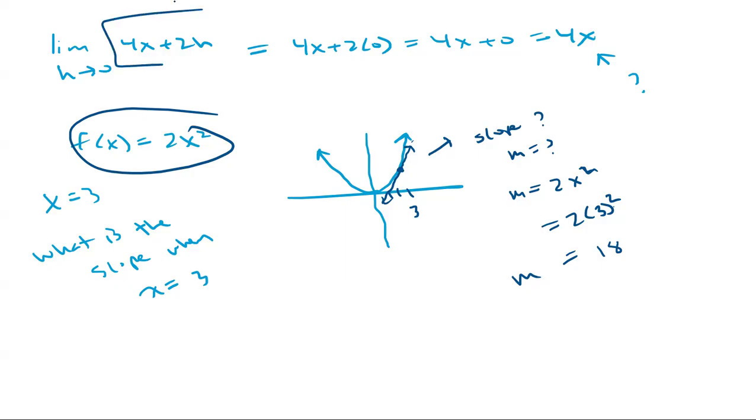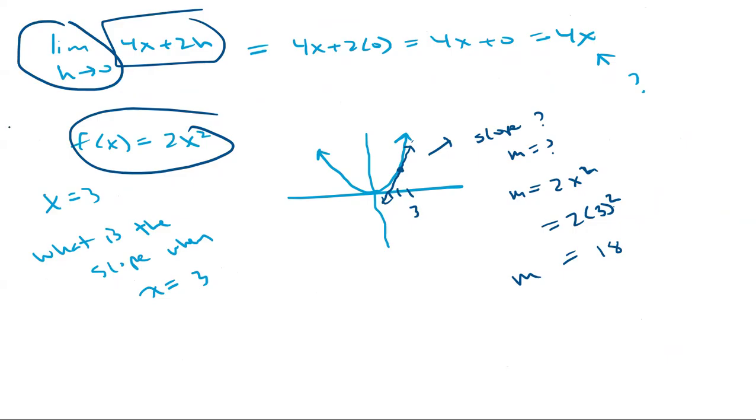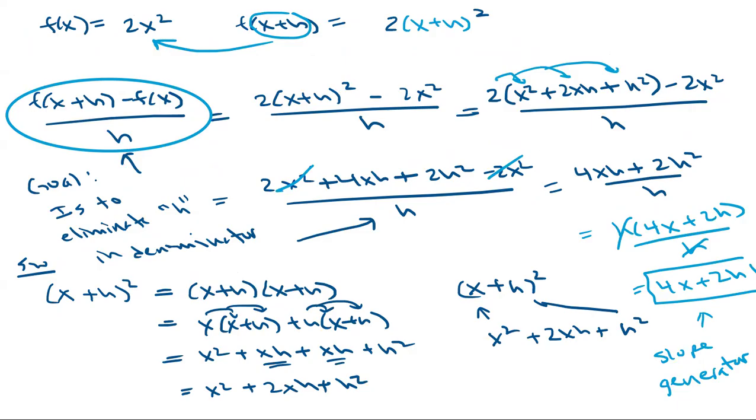They just see this part and wonder what it means. But that's what's happening when you apply that limit. The bottom line is the answer to this question is 4x plus 2h.